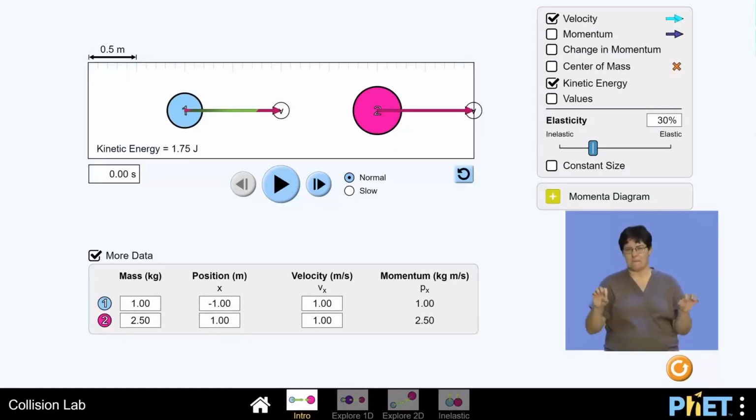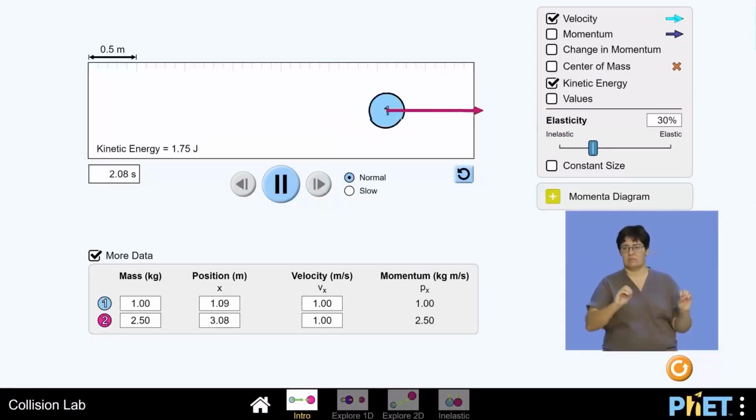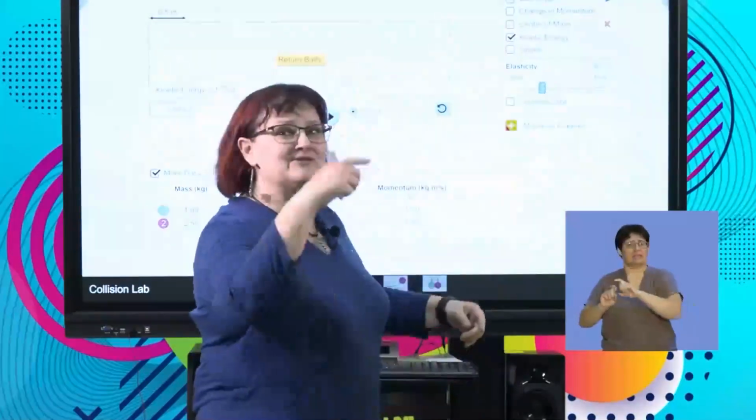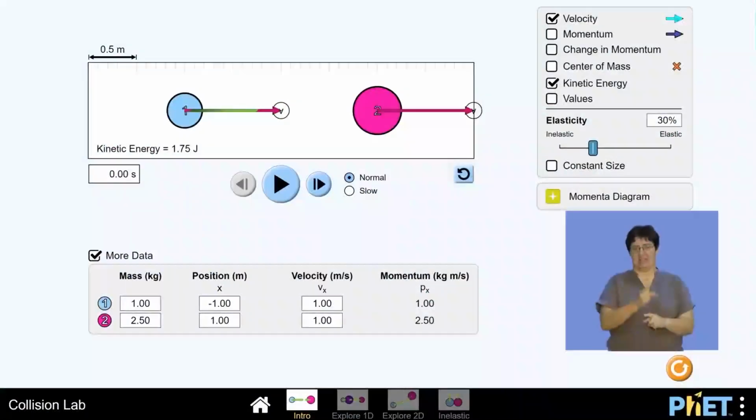My total kinetic energy is 1,75, so let's see. Oh, they're not going to collide. Why won't the balls collide? Well, they're going at the same velocity. One's never going to catch up. So let's reset it, okay?